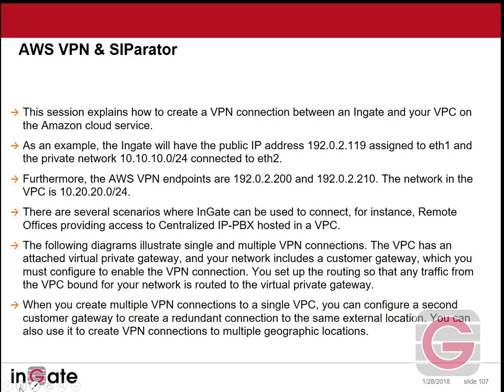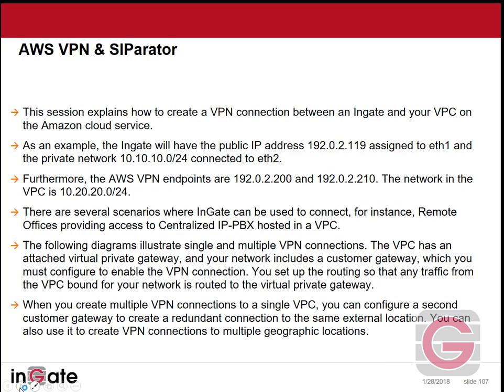Okay, we want to show an example where we have a public IP address of 192.0.119 in your main office, and your private network inside your office is going to be 10.10.10.0/24. The AWS VPN endpoints have two IP addresses.